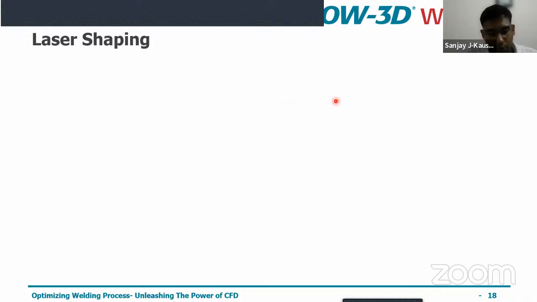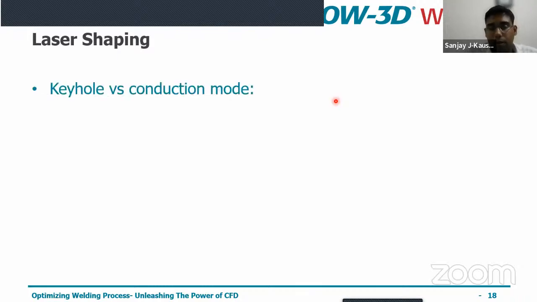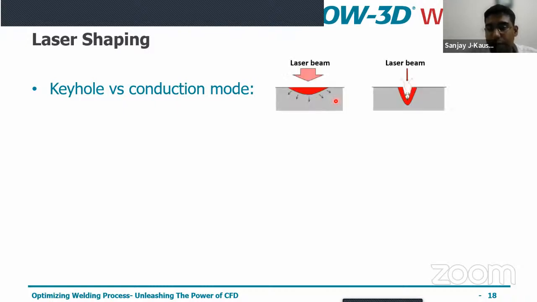What is also very trending is laser beam shaping, and also keyhole and conduction. Keyhole stands for deep penetration. Keyhole is for when you want to penetrate metal deeper. So that is a keyhole kind of laser welding. We have a conduction mode.